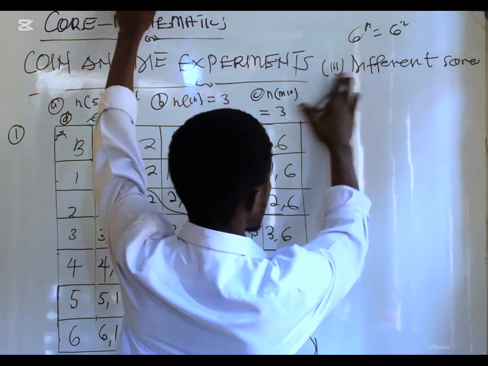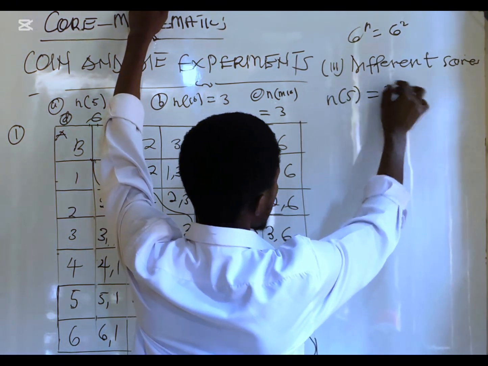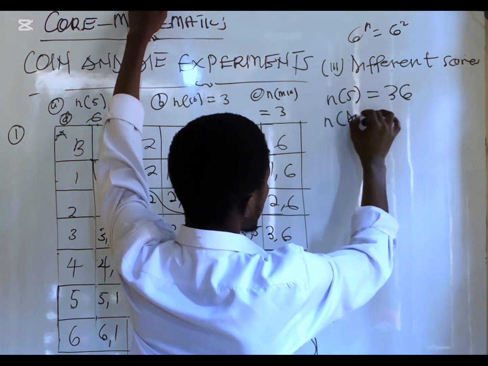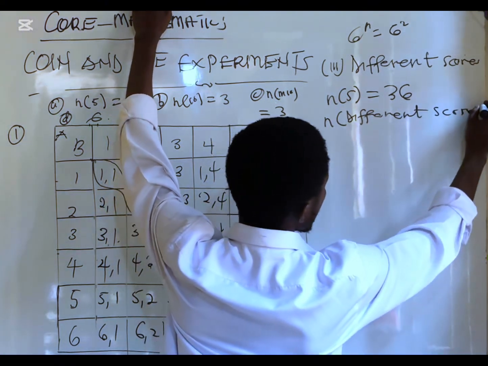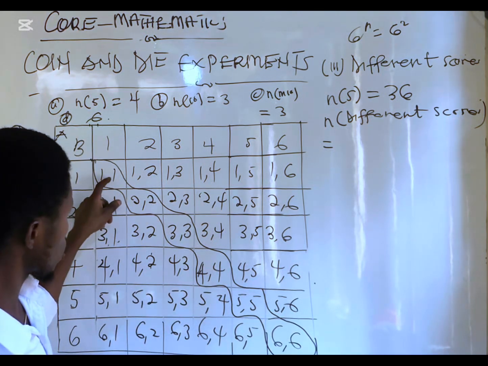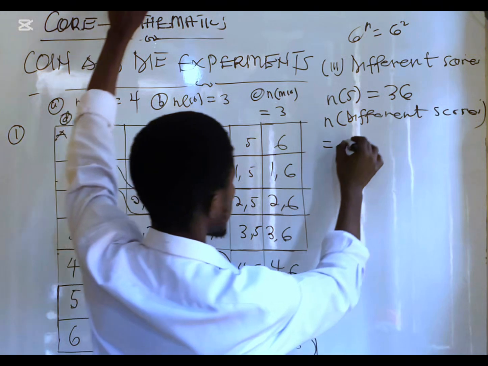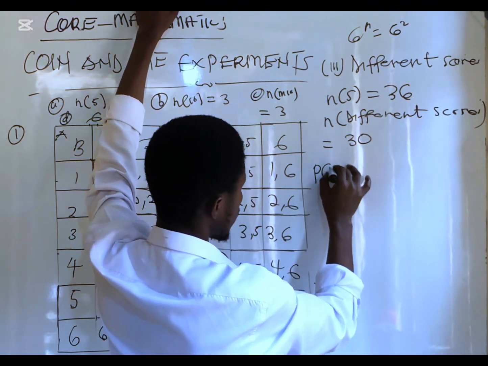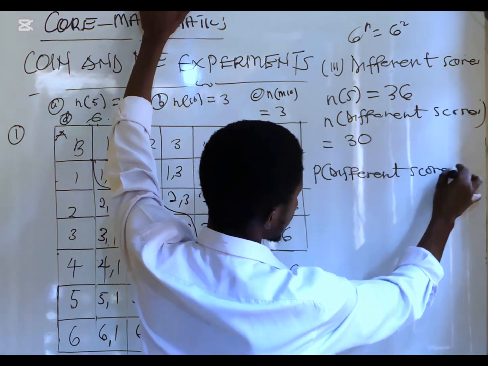So let's forget about this first. First, let's get the number of sample space. That's 36. Then you get the number of getting different scores. Getting the same scores is 1, 2, 3, 4, 5, 6. So when you take it from 36, that will be 30. So we want to get the probability of getting different scores.